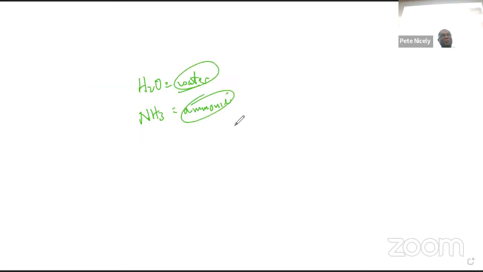There are two compounds for which IUPAC says you can use their common names. One of them is water, which is recognized as an IUPAC name. Another one is ammonia. So if you see these two, it's okay to use their common names according to IUPAC.